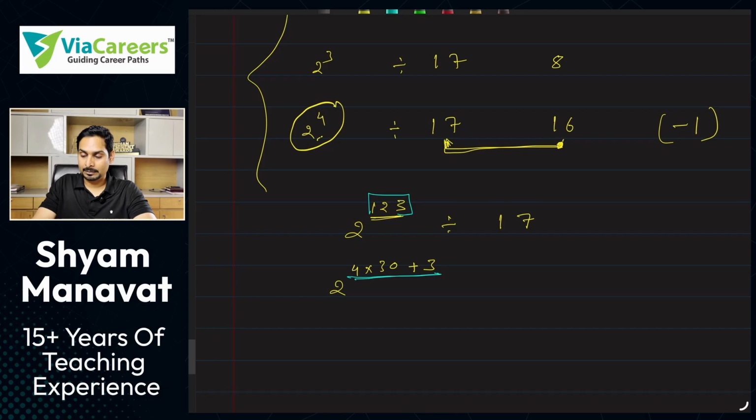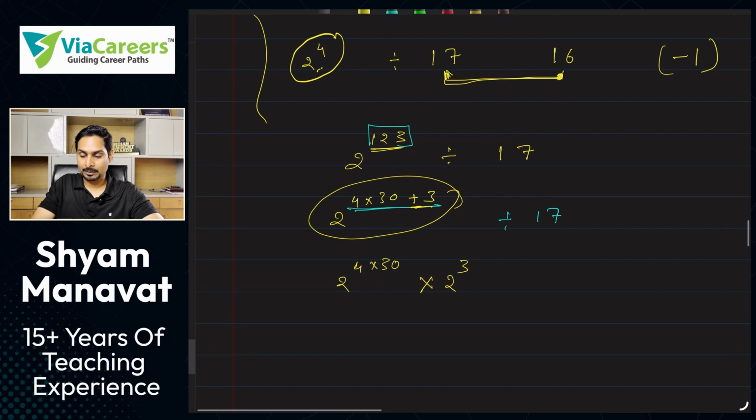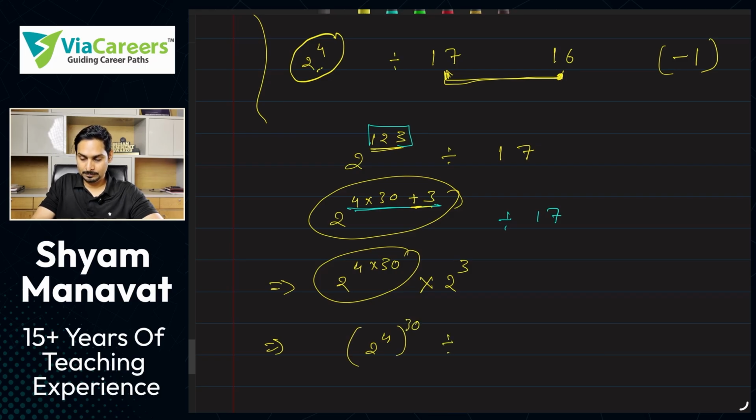Now divide by 17. Now what will I do? I can write this dividend as 2 raised to 4 into 30 separately, and the plus 3 separately, so I can write this as 2 raised to 3 as another term, right? Now this part I can write as 2 to the power 4 to the power 30, multiplied by 2 cube.